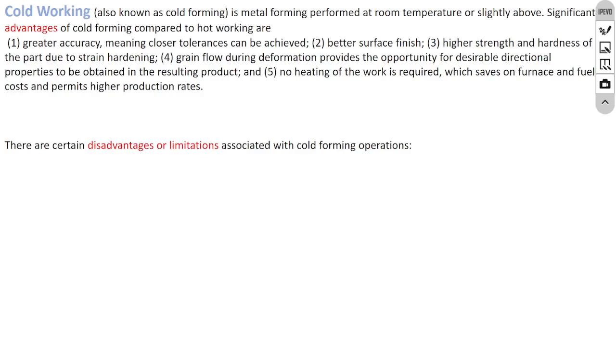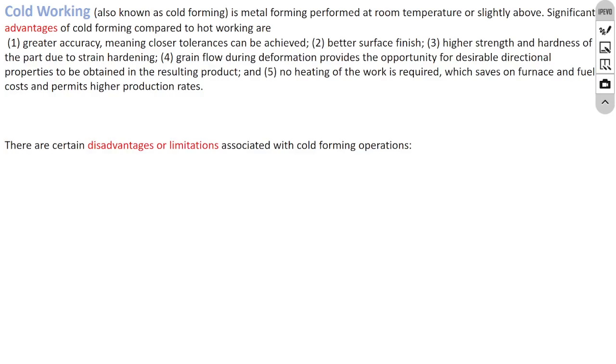Advantages of cold working: greater dimensional accuracy can be obtained, better surface quality, higher strength and hardness of the part due to strain hardening. Grain flow during deformation provides the opportunity for desirable directional properties to be obtained.